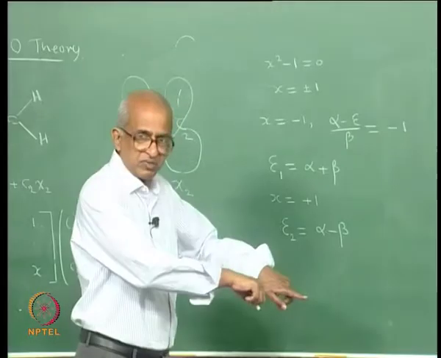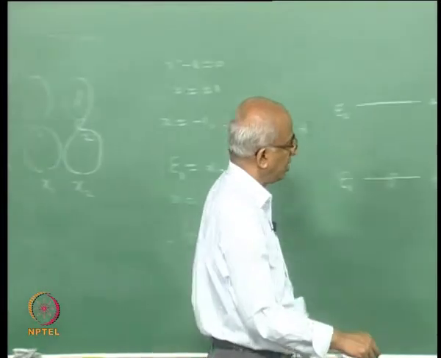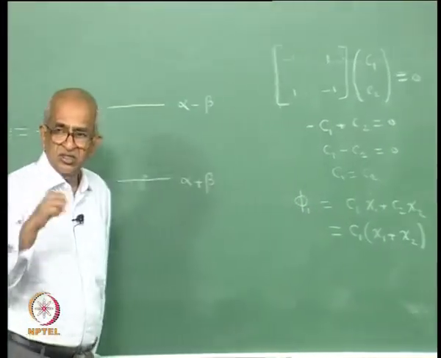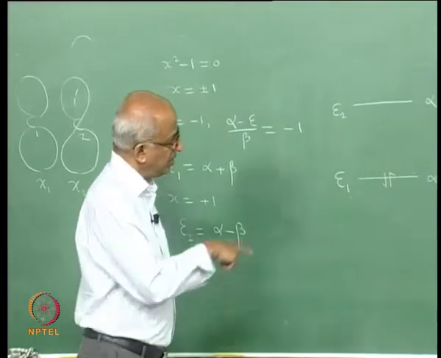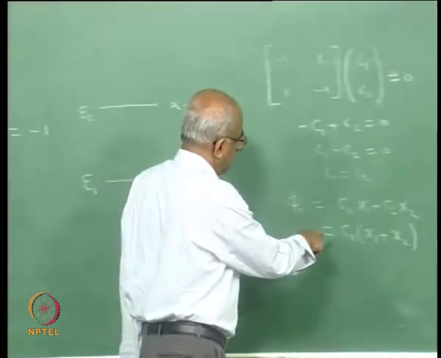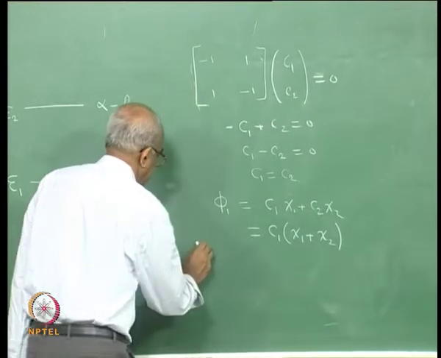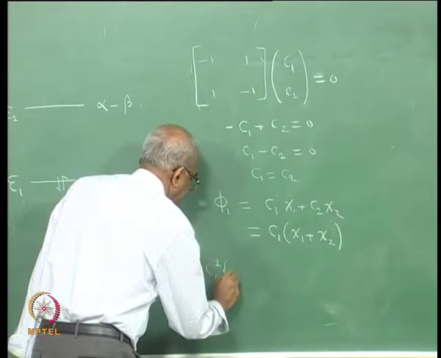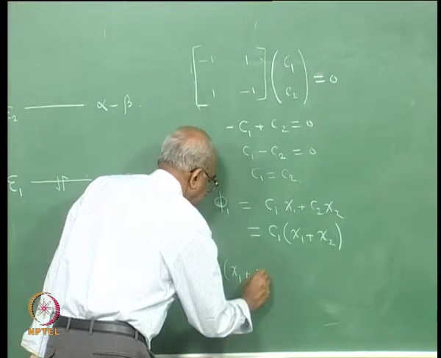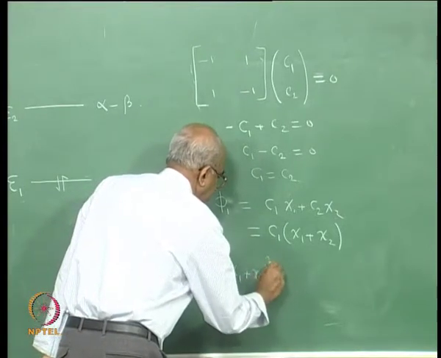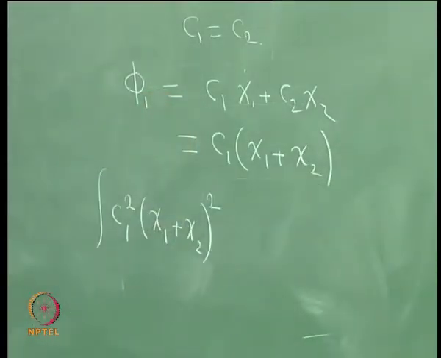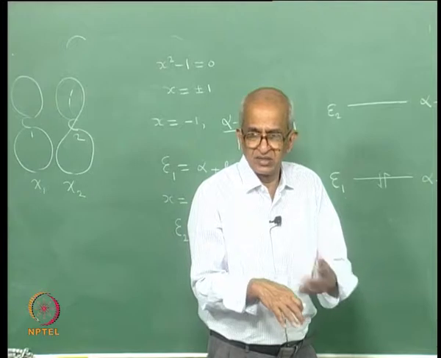So, this is my first molecular orbital, and therefore, I will put a subscript here to indicate that this is the first molecular orbital. And then I have to determine C1. How will I determine C1? The answer is very simple. I have to ensure that the orbital is normalized. So, that means I just take the square of it. Squaring is enough. It is not necessary to multiply it by its own complex conjugate, because the complex conjugate is the function itself.